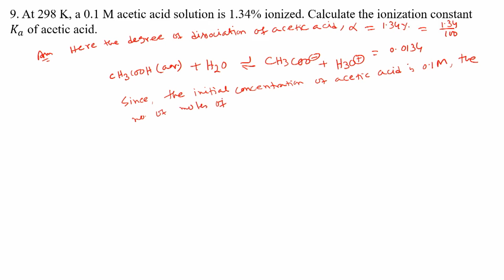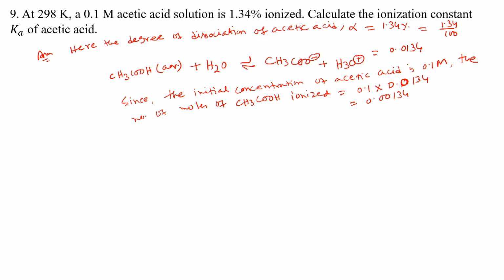the number of moles of CH3COOH ionized is 0.1 times 0.0134. So we get 0.00134.